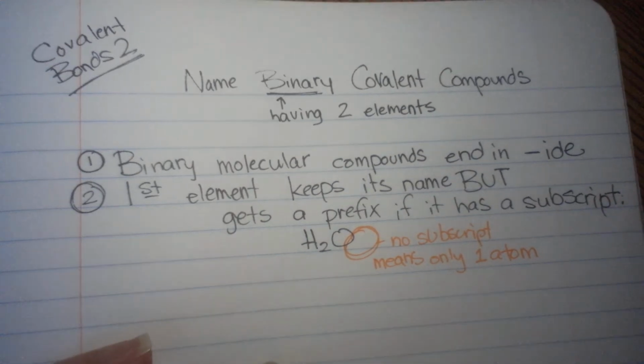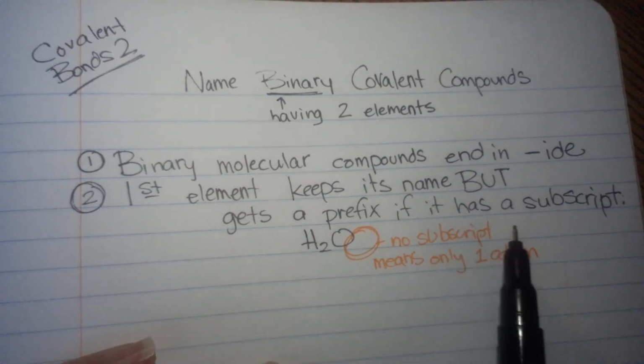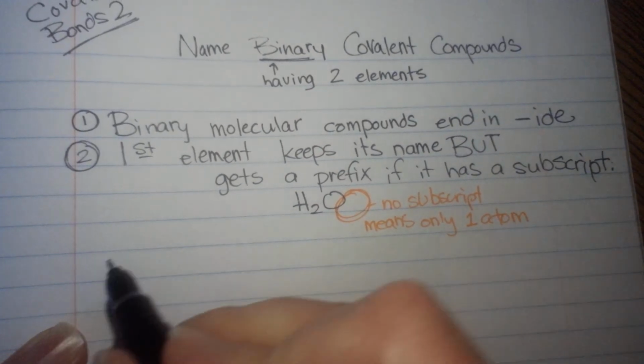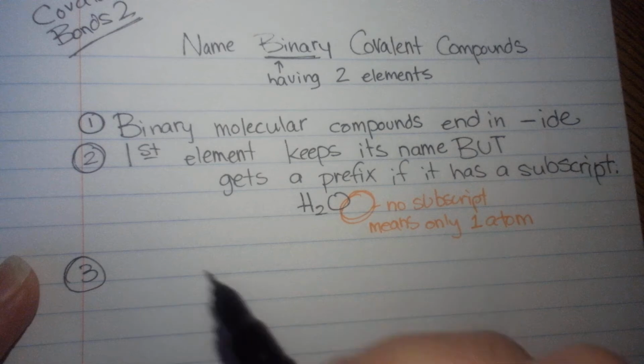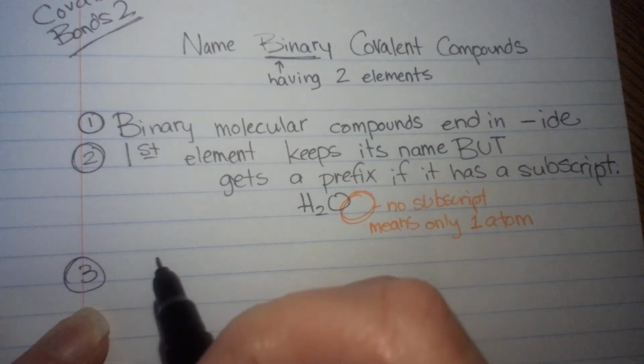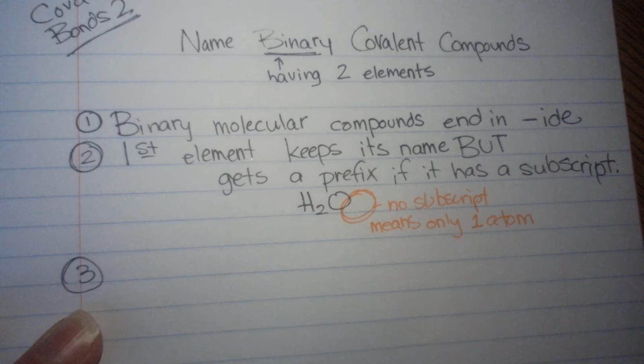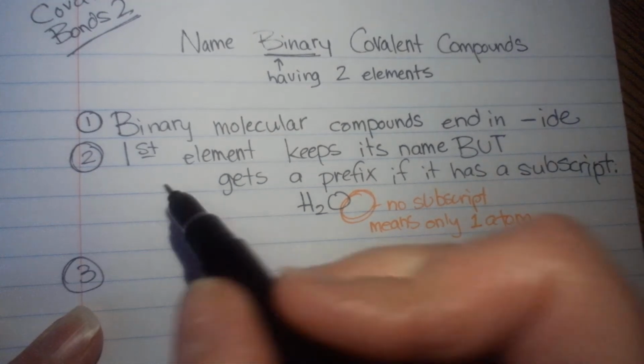Alright. So the name is going to tell us something about the compound, about the composition of the compound. We're going to have to go from the name back to the formula as well, and we'll do that here in a second. The last rule is the second element gets the "ide" suffix and always gets a prefix.